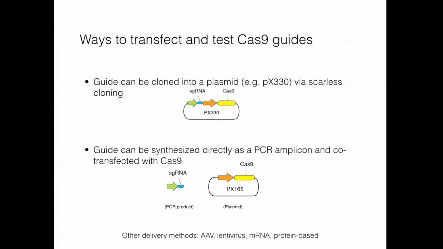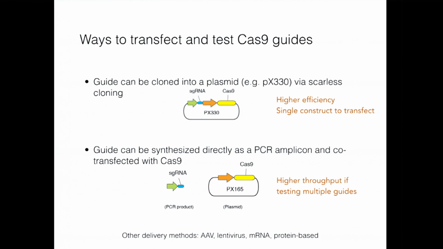So here are 2 of the ways that we like the best to test guides. We can clone the variable region of the guide into a plasmid that already has Cas9, or we can synthesize the guide as a PCR product by putting a promoter in front of the guide. Usually the PCR product is about 300 to 400 base pairs.